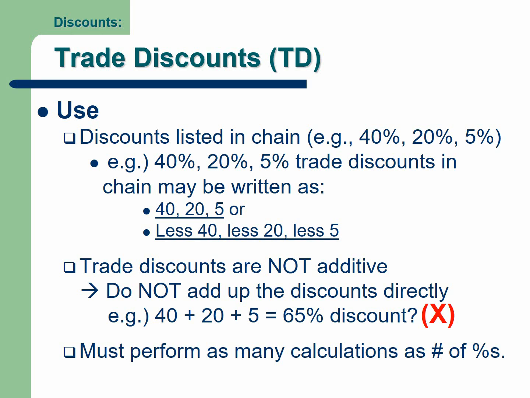Instead, it means they will perform three calculations, applying 40% first, and then 20% and 5%, to calculate the invoice cost. From that invoice cost and the original suggested list price, they take the difference to calculate the trade discount. On the next slides, we will take a look at what that means in an example problem.